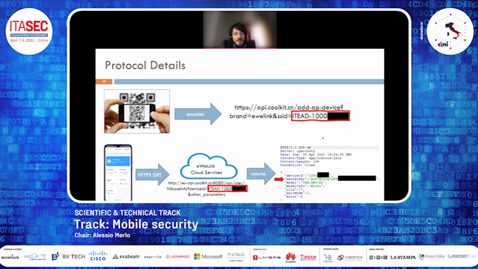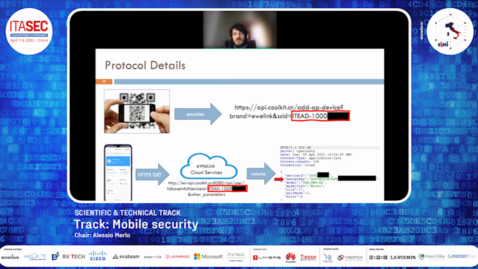In the next step, during the initial step of the pairing schema, so I'm talking about the human-computer interaction, we found that the smartphone queries a remote cloud service. You see there is a different URL with a device ID parameter. As a result, the remote service gives back a JSON encoding multiple pieces of information, and in particular, you'll see a secret key.